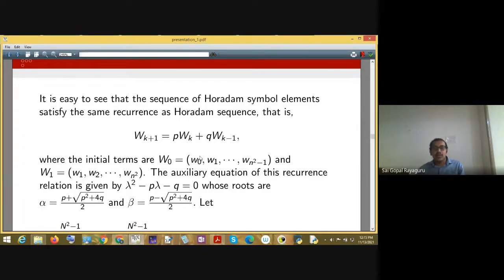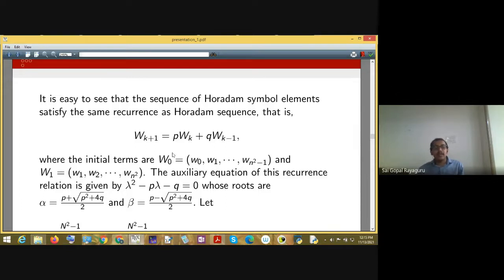So inside the tuple, W_0, W_1 up to W_(n square minus 1) is written. Each small w_k is the kth term of the Horadam sequence. So this is our capital W_0 and W_1.